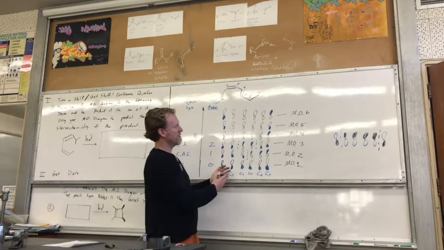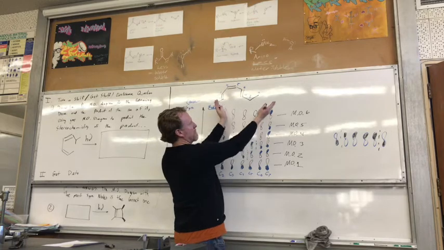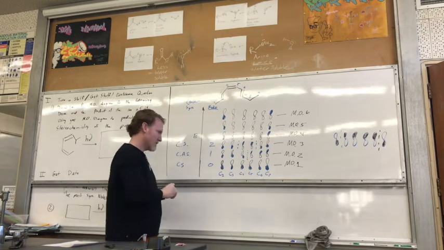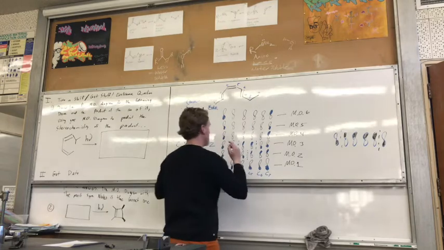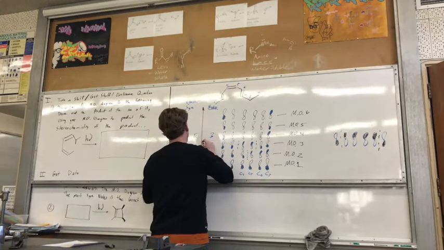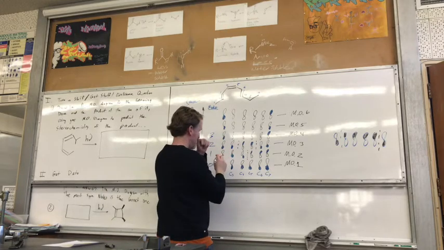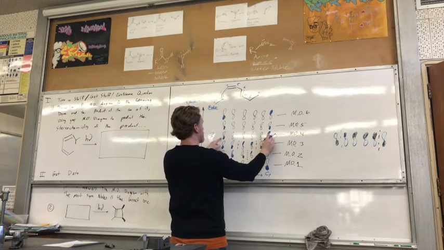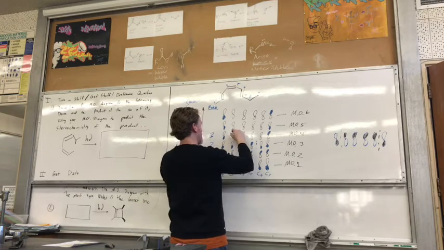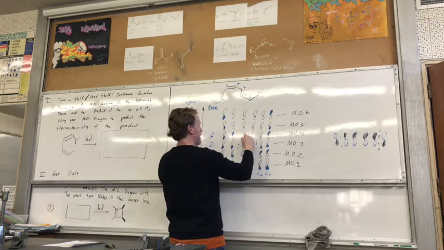And the way you can remember it is the nodes kind of build up this way. So let's move on to the next one. I've got 3 nodes, center anti-symmetric.